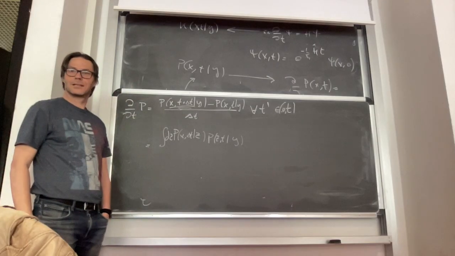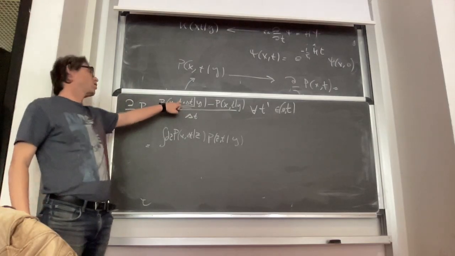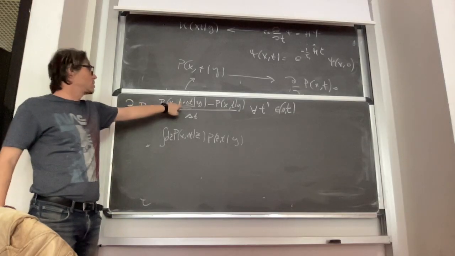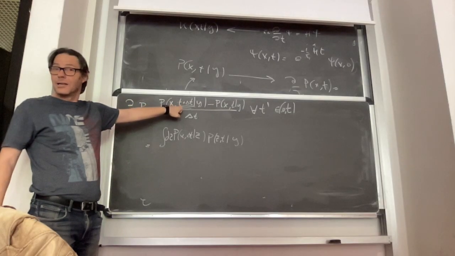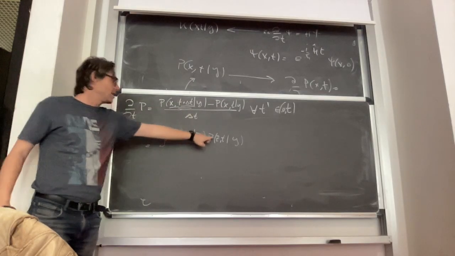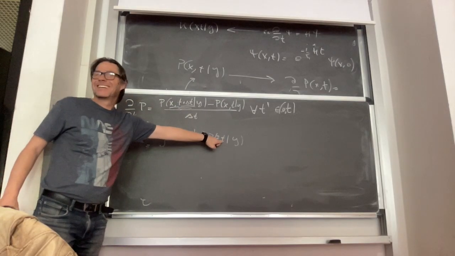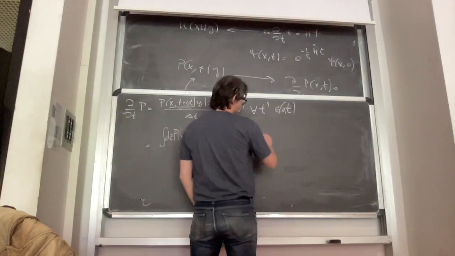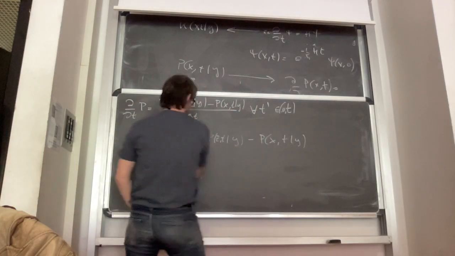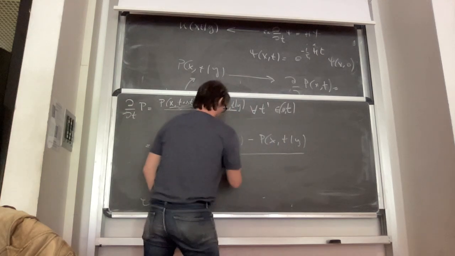I'm applying the Chapman-Kolmogorov equation that I wrote before, the Markovian implications, to this particular object. The intermediate time is t minus delta t. I subtract the probability of going from y to x at time t and divide by delta t.